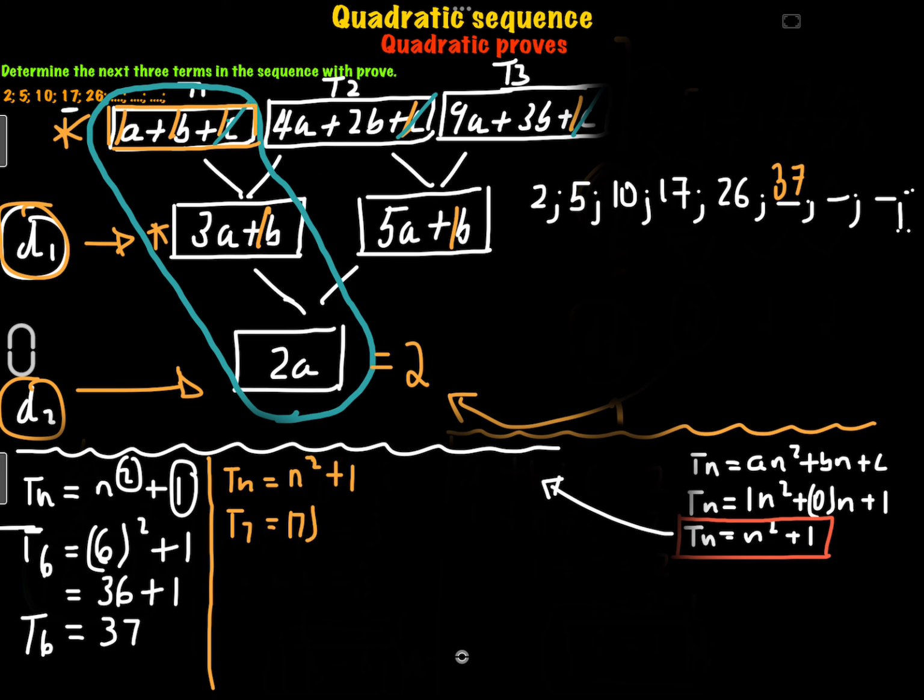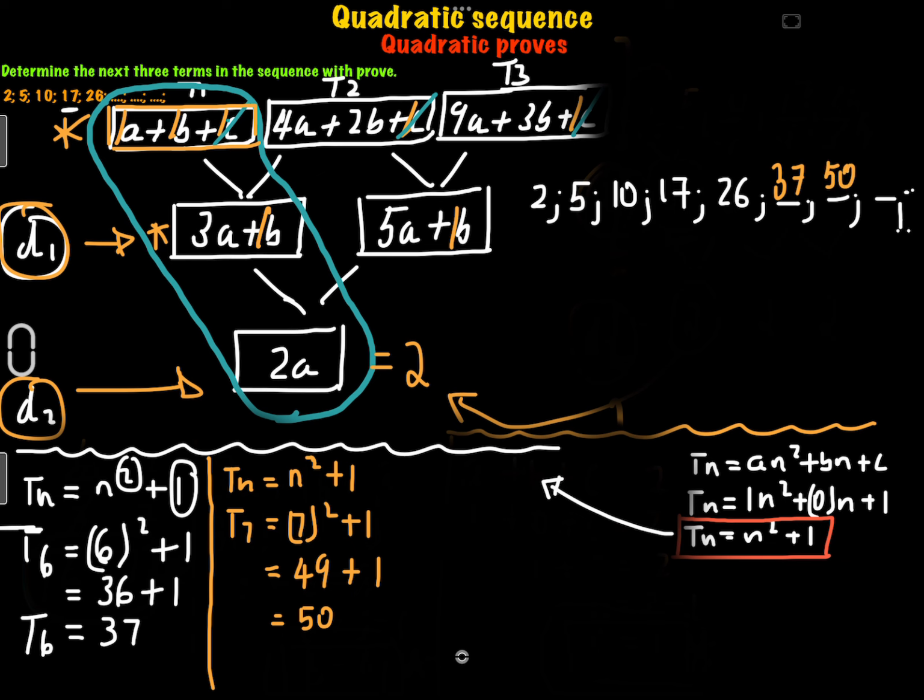So we have 7 raised to the second power plus 1. 7 times 7 gives us 49, and 49 plus 1 gives us 50. So the seventh term is 50.